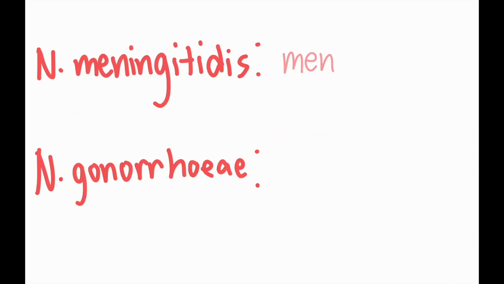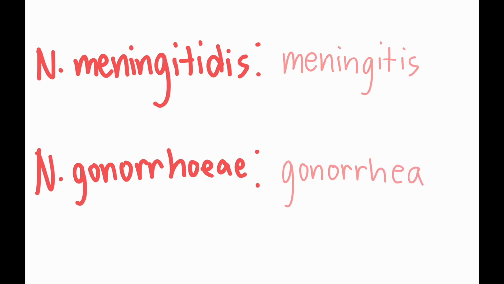Speaking of humans, let's talk about the disease caused by these two species. Neisseria meningitidis is known for causing the disease meningitis, while Neisseria gonorrhea is known for causing the sexually transmitted infection called gonorrhea. Let's focus on the disease meningitis.